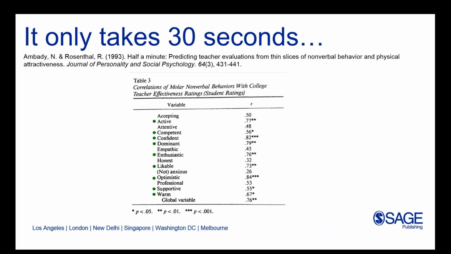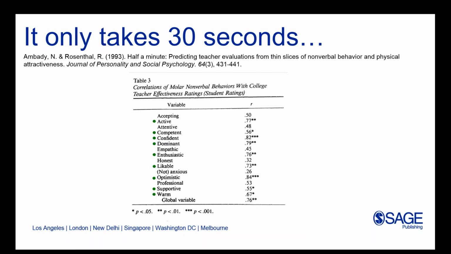So here are the nonverbals. They had 15 nonverbals, and 9 of these came up as significant: being active, showing confidence, dominance, enthusiasm, likability, optimism, and being supportive and warmth.